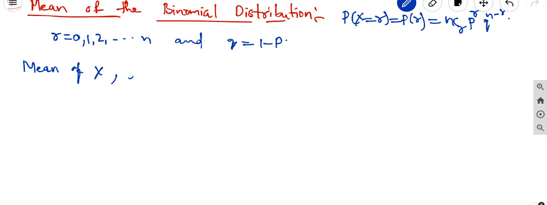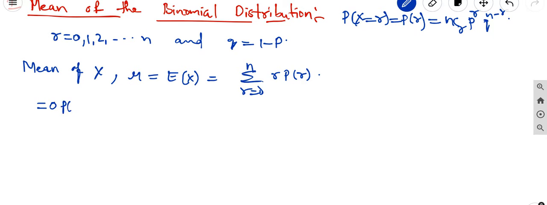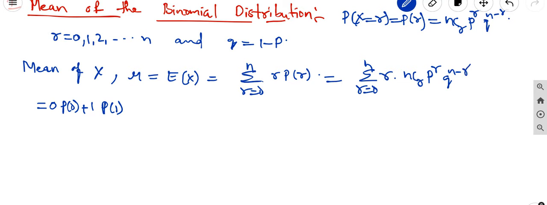is denoted by mu equal to expectation of X, that is equal to summation r equal to 0 to n of r P of r, that is equal to 0 into P of 0 plus 1 into P of 1. Here P of r is nothing but sigma r equal to 0 to n r into nCr p power r q power n minus r.